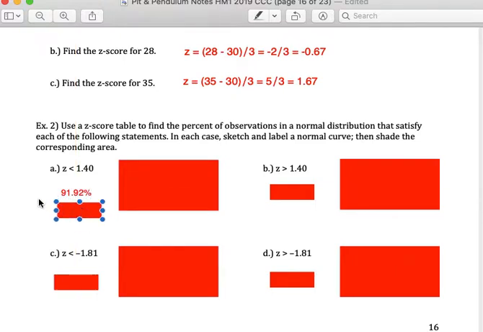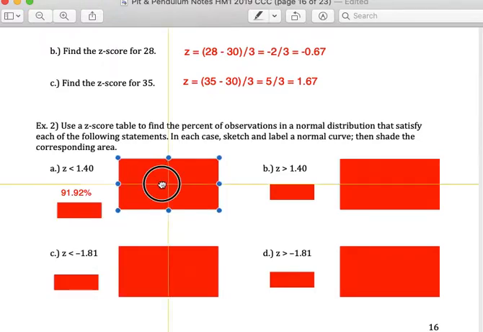And you should be finding that that's 0.9192, and so then we move it over 2 decimal places, right? And so then we are getting 91.92%. And let's look at what that looks like on the curve.